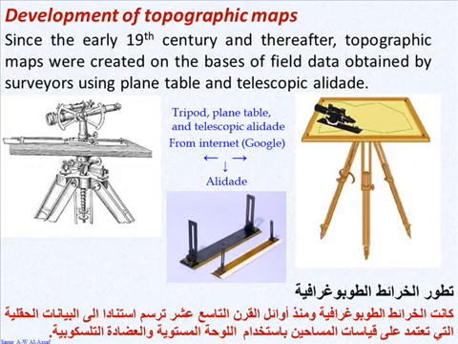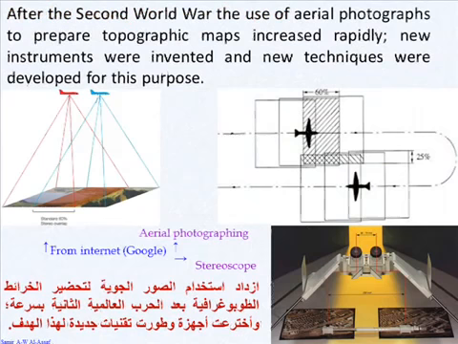Development of topographic maps. Since the early 19th century and thereafter, topographic maps were created on the basis of field data obtained by surveyors using plane table and telescopic alidade. After the Second World War, the use of aerial photographs to prepare topographic maps increased rapidly.